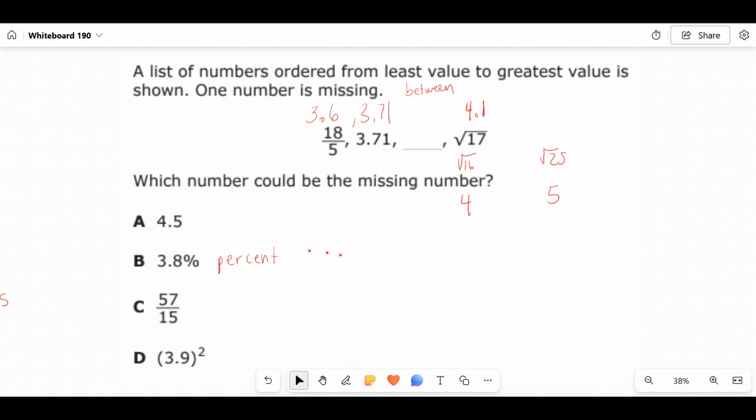So we have to take 3.8% and we want to multiply that or divide it by 100. If you multiply, it'll be 3,800.